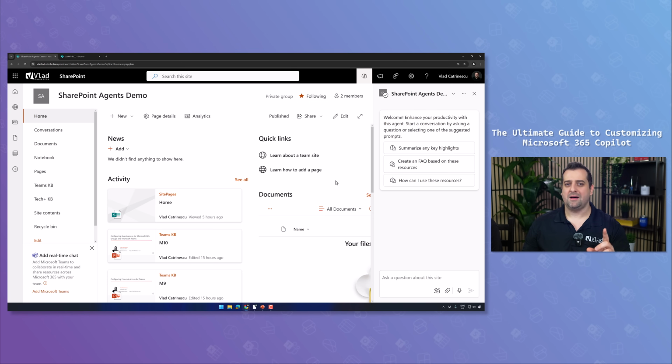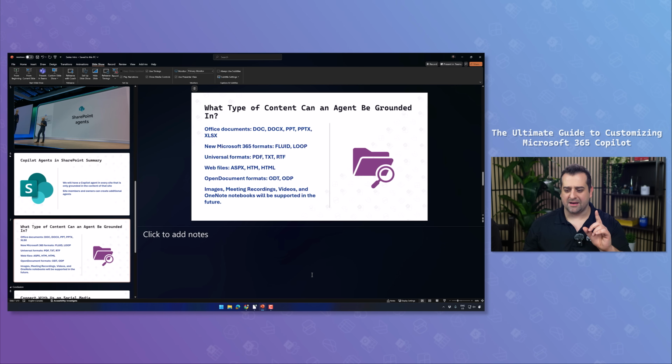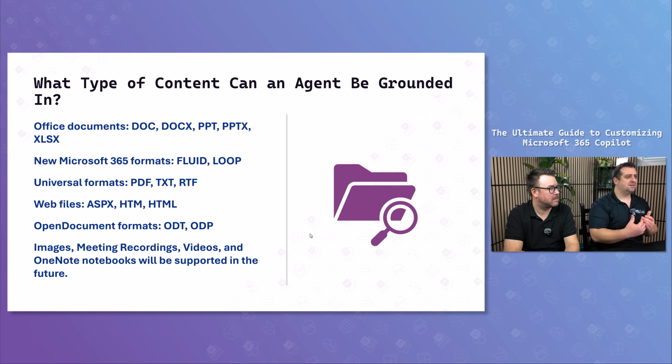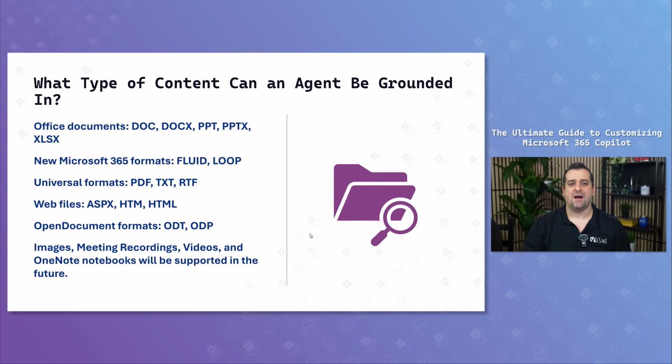I said that I'm not going to do slides, but there's one slide that I want to get back up here because the question that I get the most often is: is the agent trained on SharePoint lists? And it is not. Right now, and I'm not going to name all of them because you can read the screen, but on the screen right now, you have all the data that Copilot agents in SharePoint are being trained on.